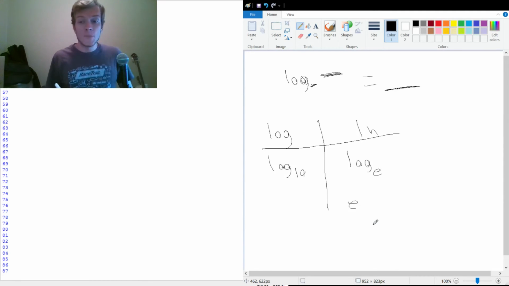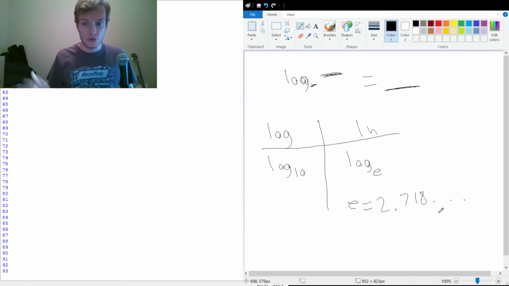It's equal to, I believe, 2.718..., and it continues on forever just like pi does, with no repeating pattern. So log base e is the natural log, because e comes up a lot in natural occurrences.